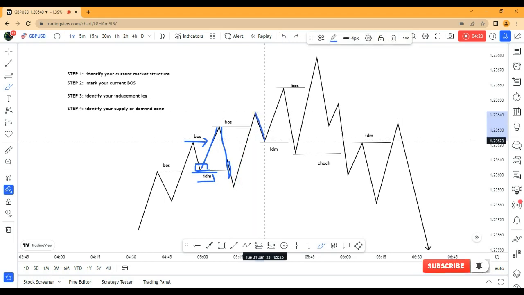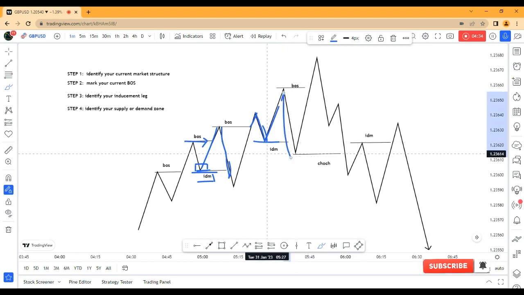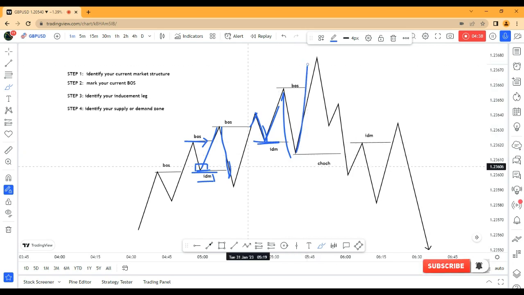Price comes here after breaking this structure, price moves back, gives us another low that forms an inducement leg, and price comes and sweeps that particular low here before pushing to the upside. So this particular leg we are seeing in here is an inducement leg.